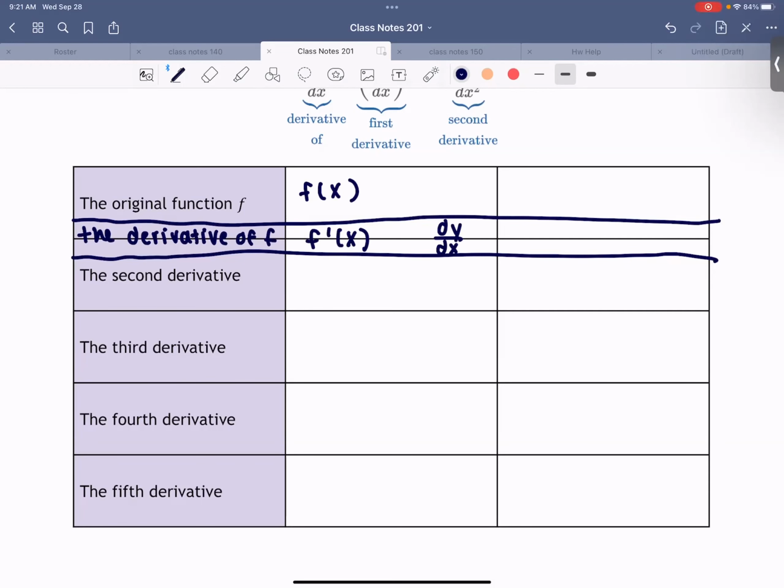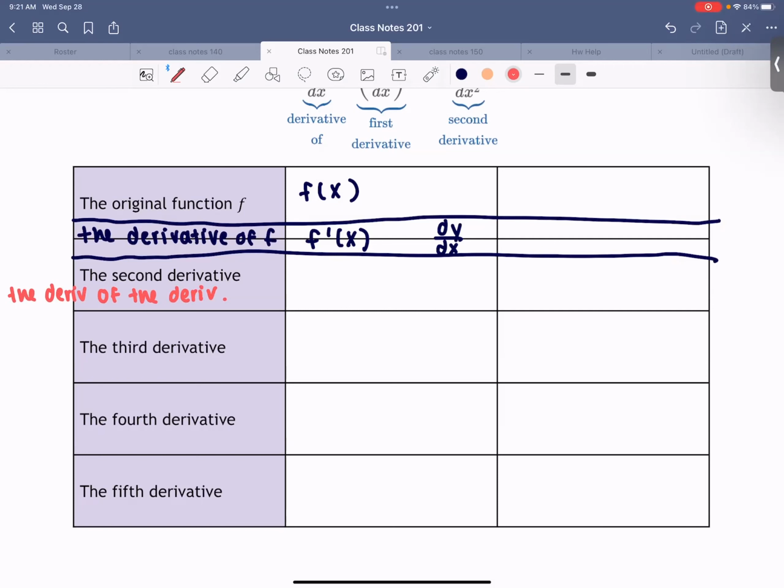Now, if we have a derivative, that derivative is going to be a function, right? Or it could be one. I can take the derivative of that function as well, right? So what we have here is what we call the second derivative, which is essentially the derivative of the derivative. It might make more sense when we go through more examples, but essentially we're doing the derivative of the derivative function.